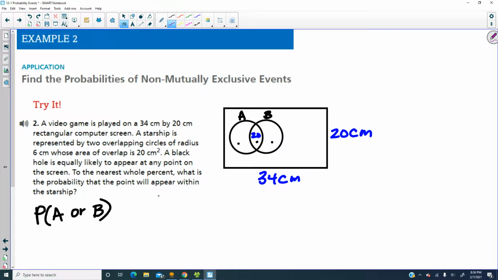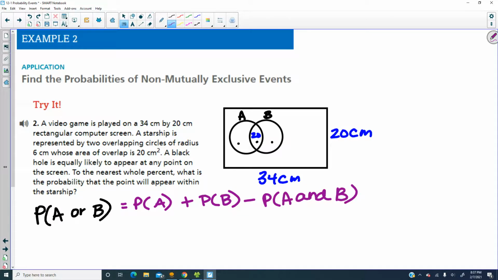So let's look at this one. If I want the probability of A or B, I'm going to need to find the probability of A plus the probability the black hole lands in circle B, minus the probability that it lands in both. The probability that the black hole would land in circle A would be the area of this circle.